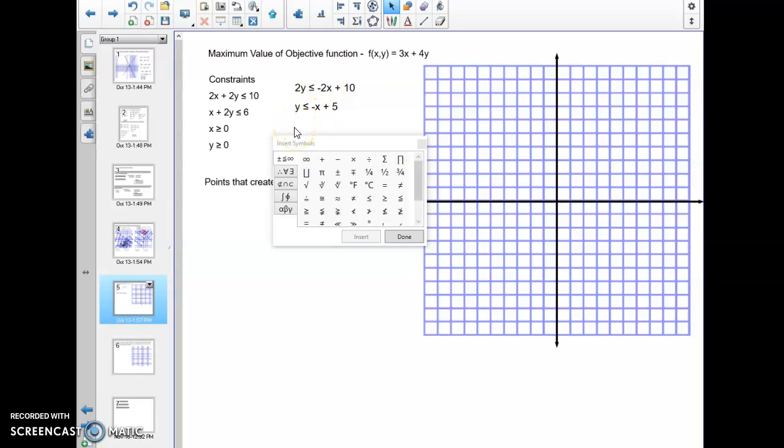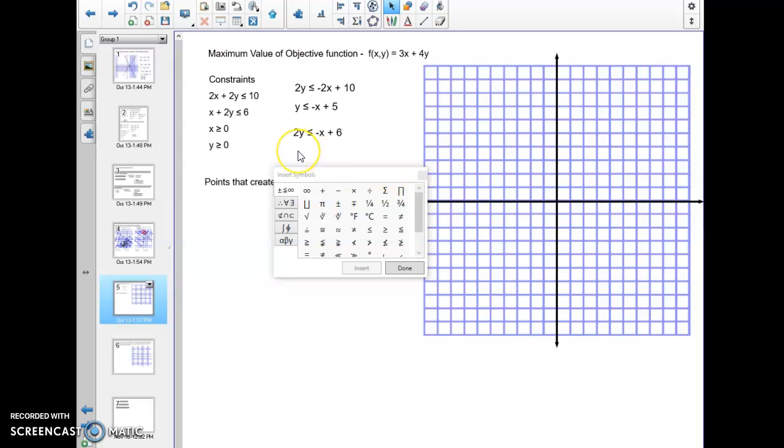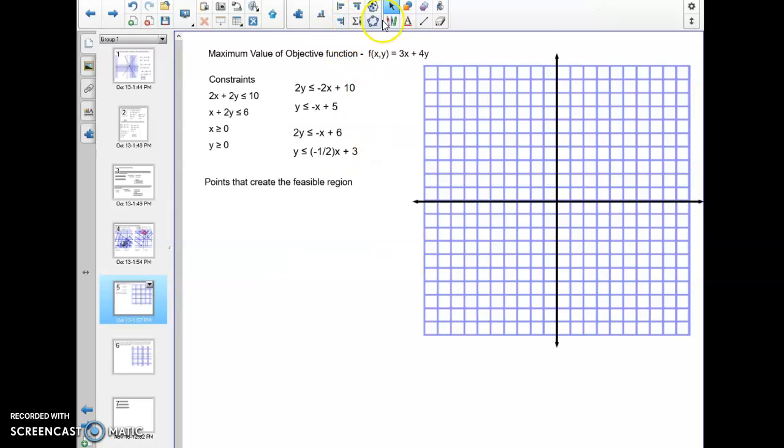Then for x plus 2y, it's going to be 2y is less than or equal to negative x plus 6. And then we're going to divide both sides by 2. And we're left with y is less than or equal to negative 1/2 x plus 3. And now we're going to graph those lines.